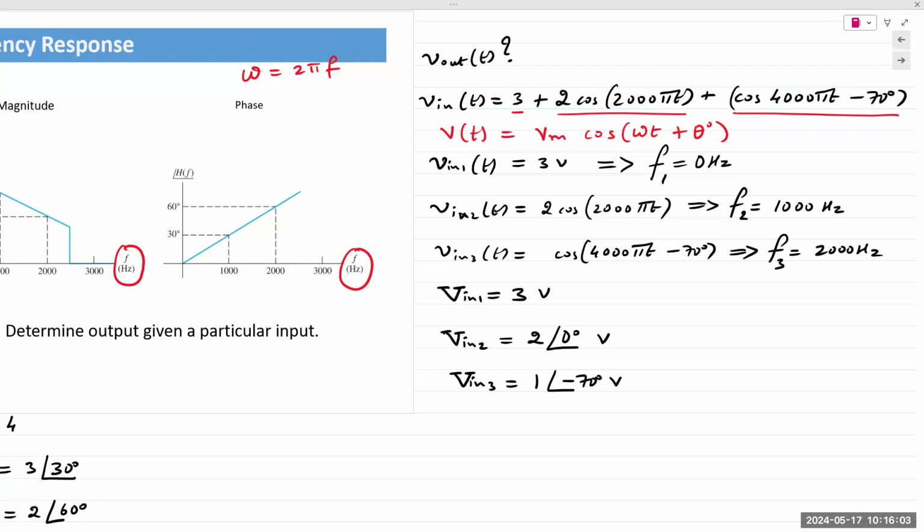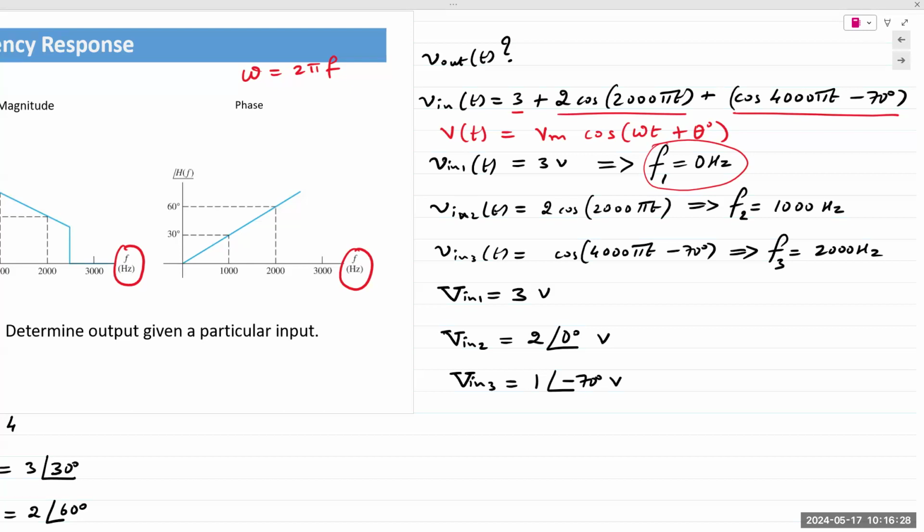It's basically a DC component. That's all it means. And so the frequency of the first one is 0 hertz. If it's simply a number, there is no time dependency, and it's simply 0 hertz.